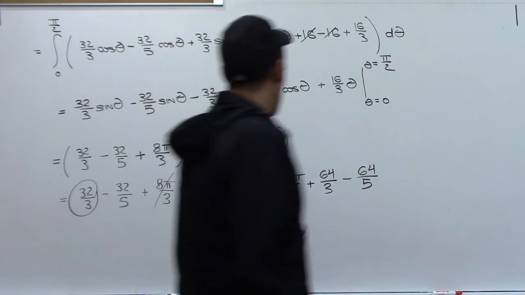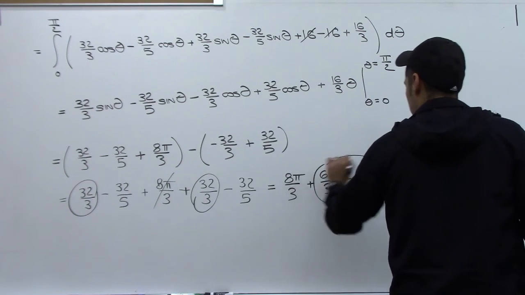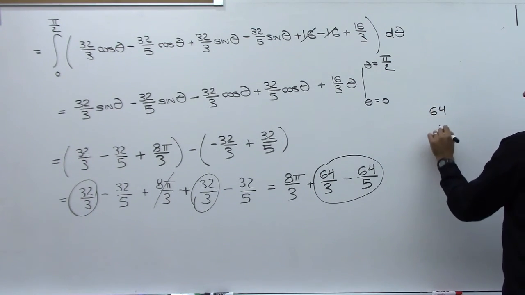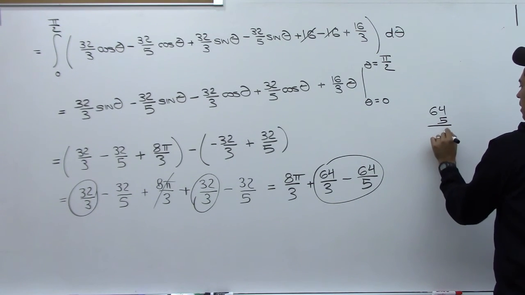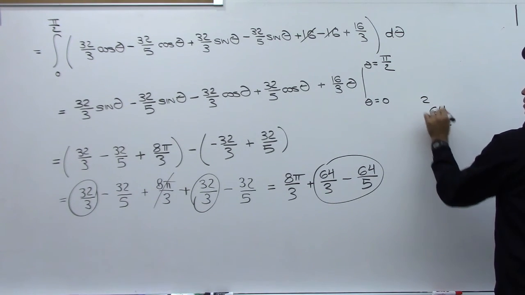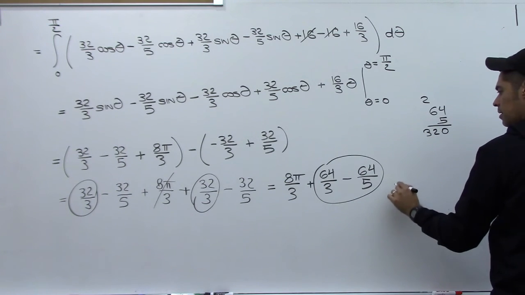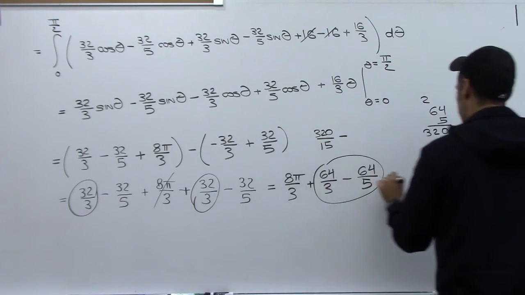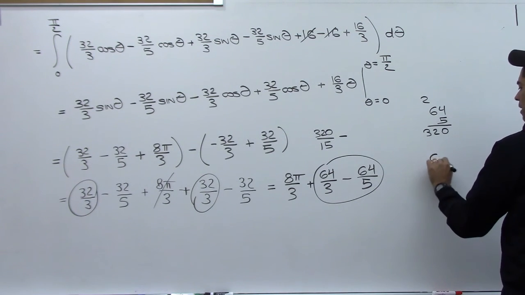I have to multiply top and bottom here by 5. So 64 times 5, 320 over 15, minus now 64 times 3, right?